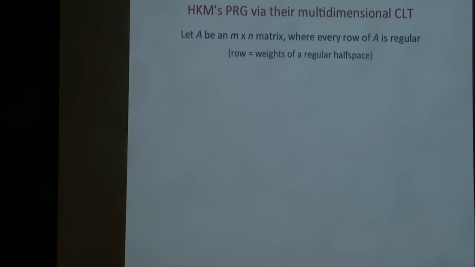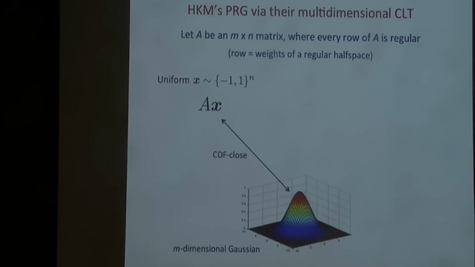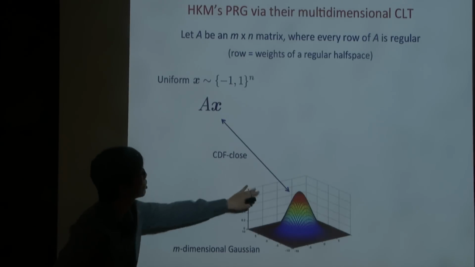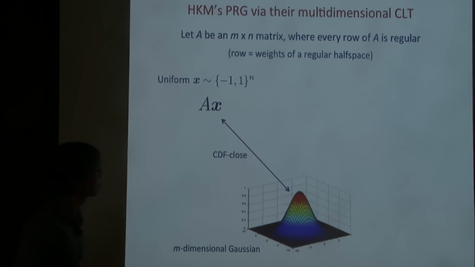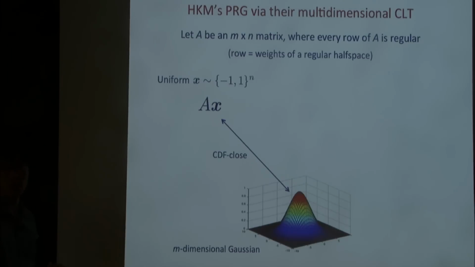So anyway, this is the setup. They're not dealing with a single regular half space anymore. You have a matrix A; think of every row as the weights of a regular half space. So every row, the weights have to be well spread out. If A is such a special matrix, they prove using their own central limit theorem that AX converges in CDF distance to a multidimensional Gaussian.